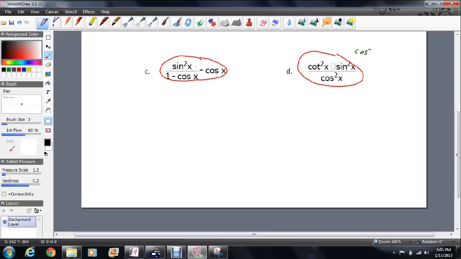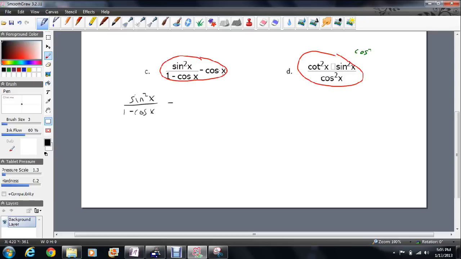Okay, so part C I did say was equal to 1. So sine squared of x over 1 minus cosine of x minus, we need a common denominator for this so I can put these terms together.